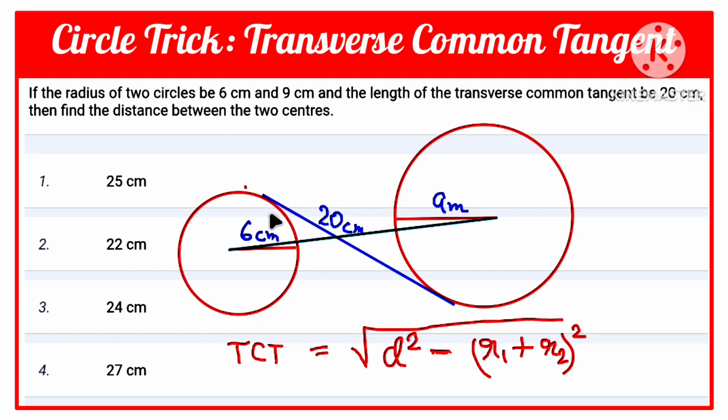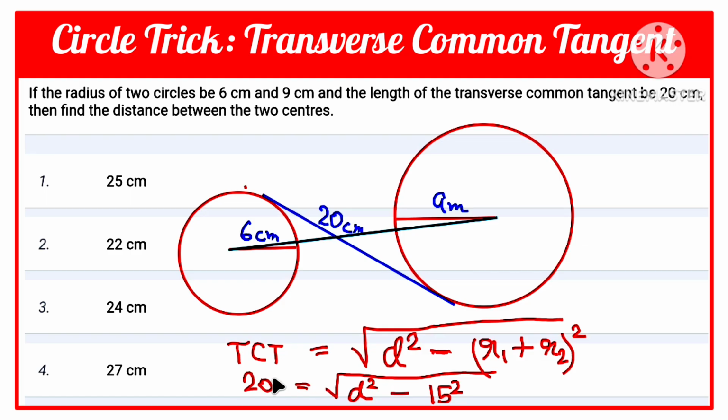Now let us put the values to find out our answer. So here this length is 20 cm, so 20 equals root over d square, that is the distance we don't know, minus, you need to add these two radii, that is 6 plus 9, you're getting over here 15 square.